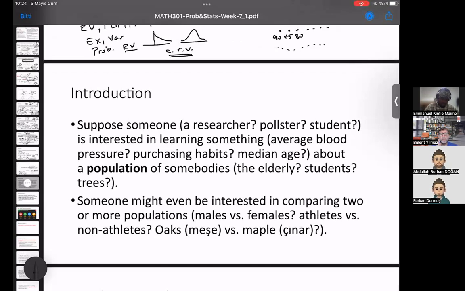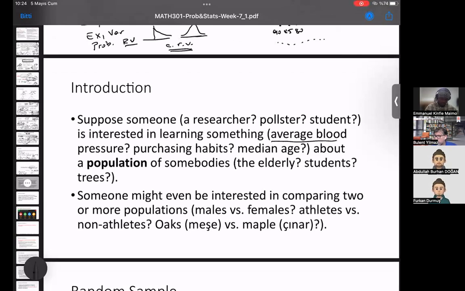For example, we want to find out certain things. We want to find out the average blood pressure of the population, the purchasing habits, the internet use of people, the mean age or median grade of a person, the GPA of the whole university's students.